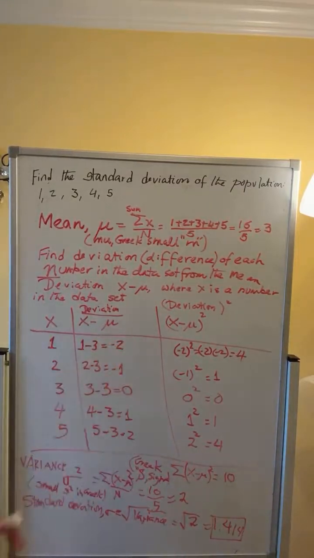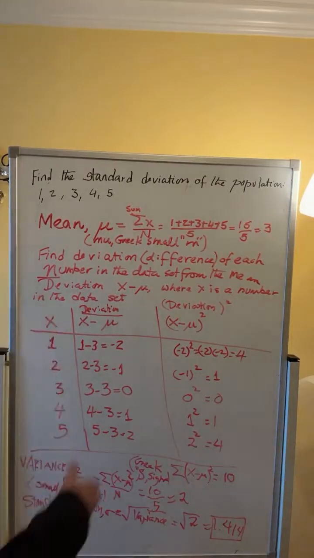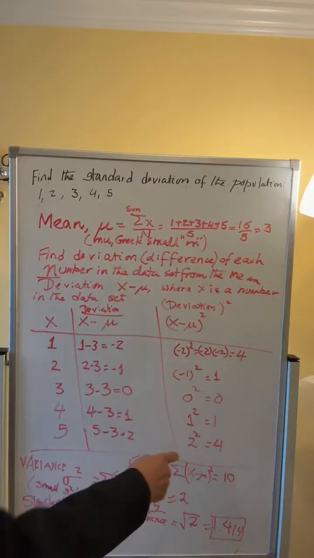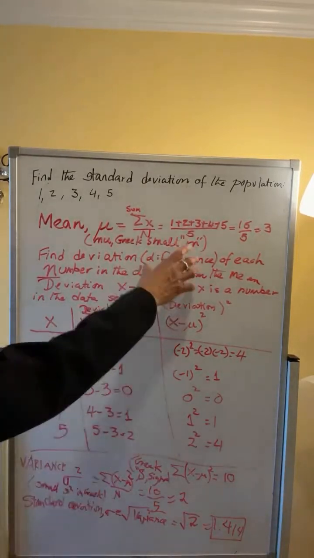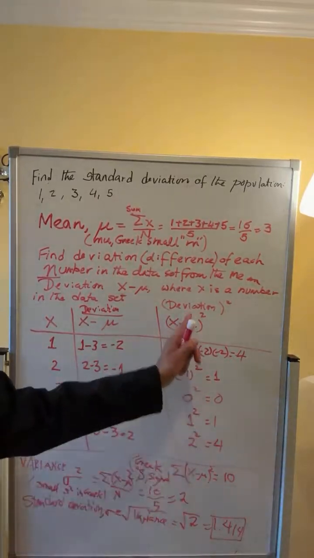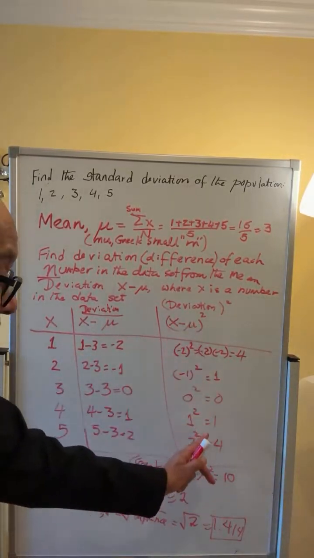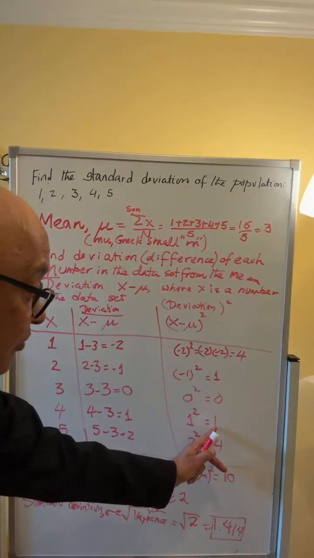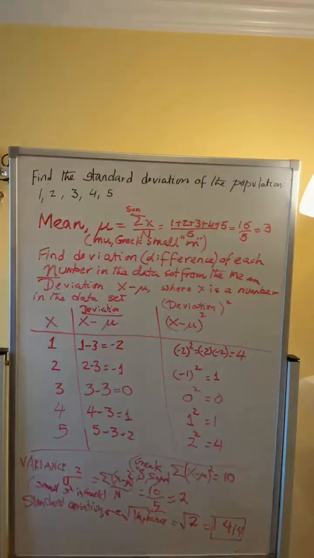We also find the corresponding squares of the deviations, and we make columns for x minus mu and x minus mu squared. At the end, we add the sum of the squares of the deviations, which is the sum of the numbers in the last column. 4 plus 1 is 5, plus 1 is 6, plus 4 is 10.